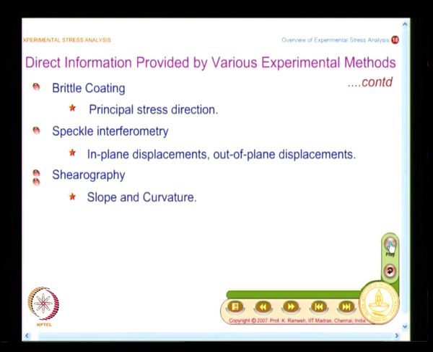And then you have shearography, which is a variation of speckle interferometry, and which is very popular in non-destructive testing, where you can find out slope and curvature. For example, when they make honeycomb panels for satellites, all of these honeycomb panels have to go through a screening test before it is assembled on the satellite, because you do not want to have any surprises when the satellite is launched.